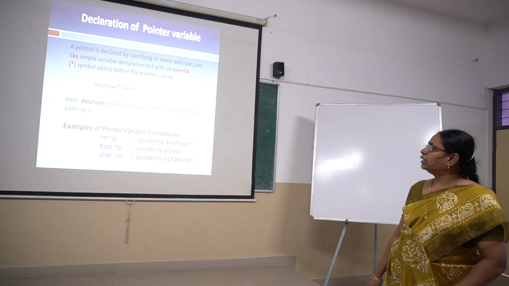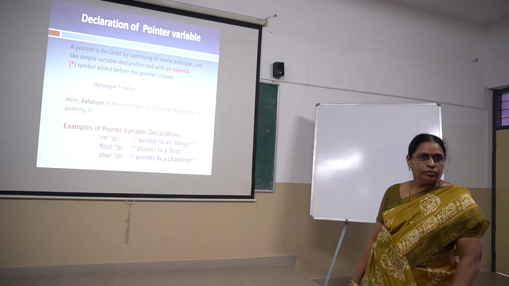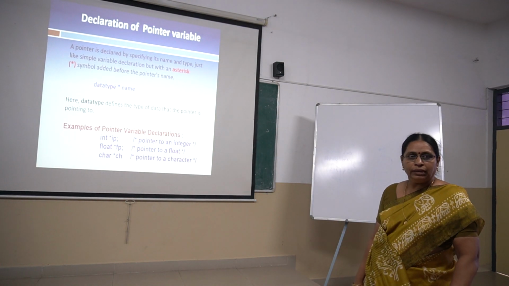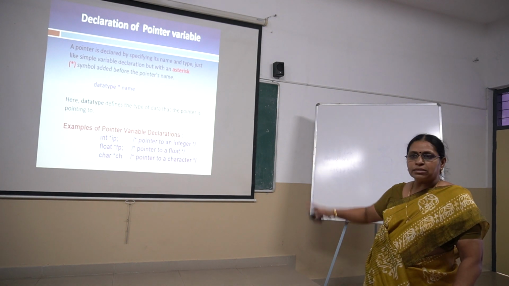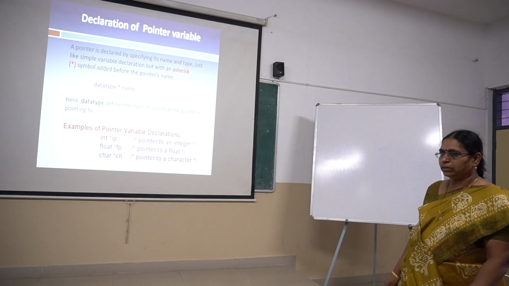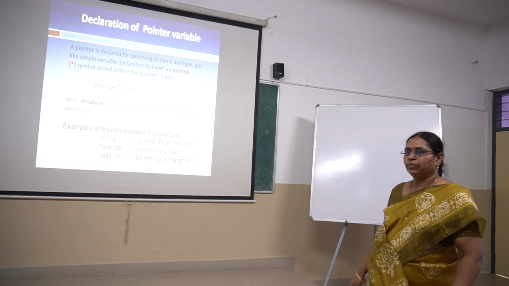Next, how we can declare a pointer variable. Here we use an important operator called asterisk. To define a pointer variable, we first define the data type, followed by the asterisk symbol, and then the variable name.